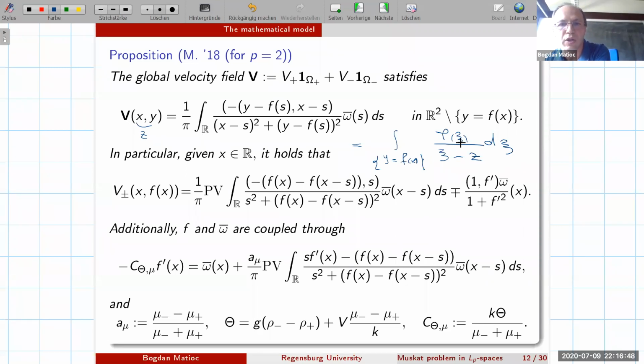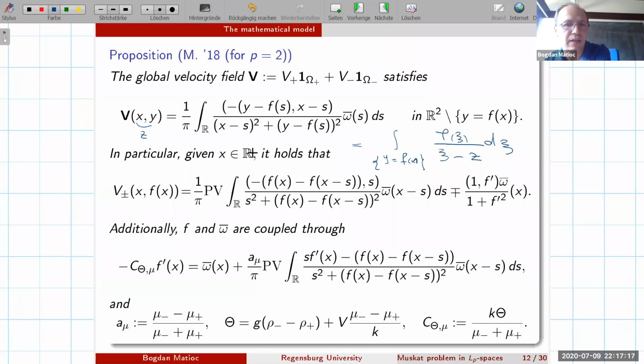Phi is a function which has the same regularity as omega bar, and it depends not on psi, but only on the first coordinate s. And clearly this function is real analytic in omega plus and omega minus, and due to the Plemelj formula, one may consider the one-sided limits of v plus and v minus on the interface.